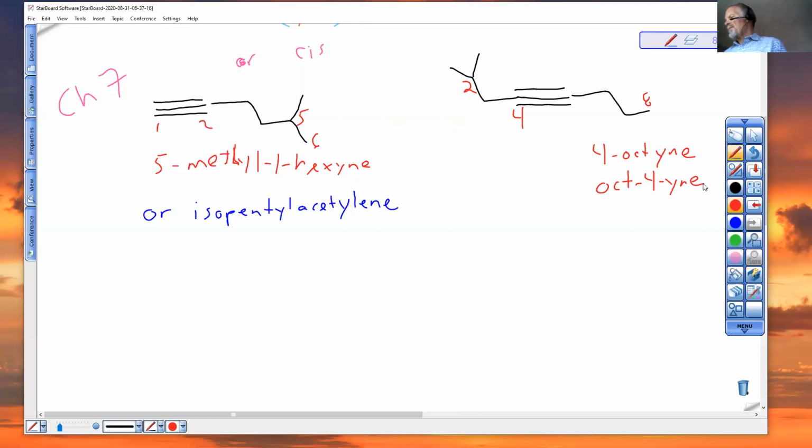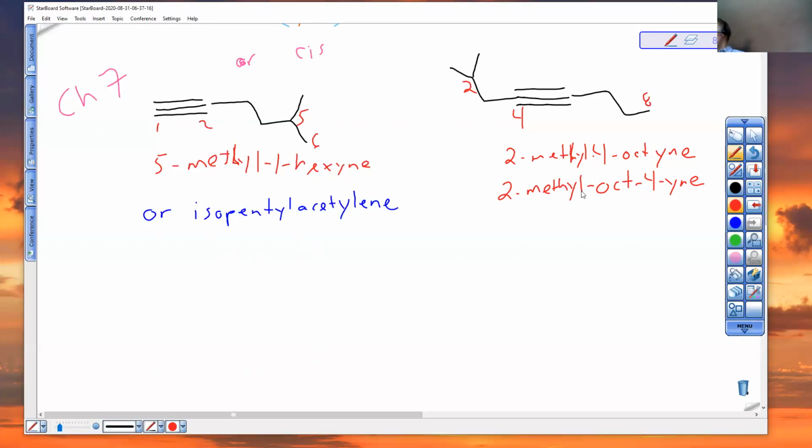And there's a methyl group on 2. My H's are my worst letter, aren't they? And same story here. There.